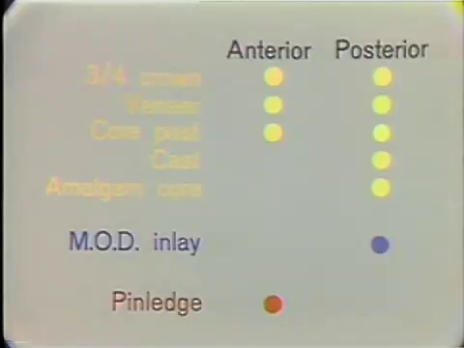The MOD inlay is a good bridge retainer if correctly designed, and is used, of course, on posterior teeth only. The pin ledge, a very good, very conservative restoration, is used on anterior teeth, and to some degree is largely replacing the three-quarter crown on anterior teeth.